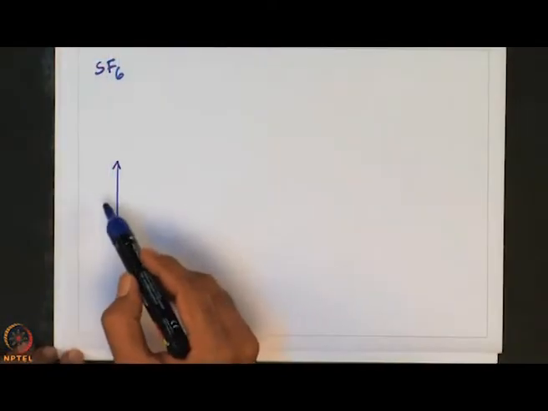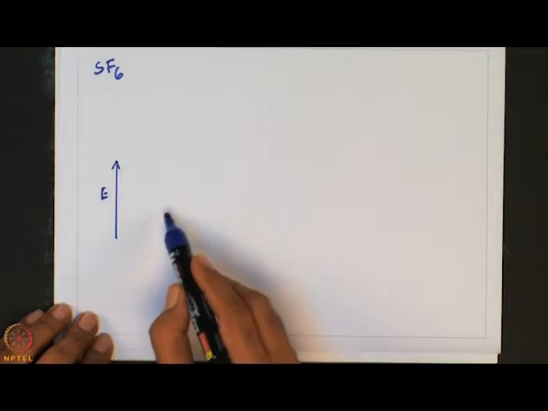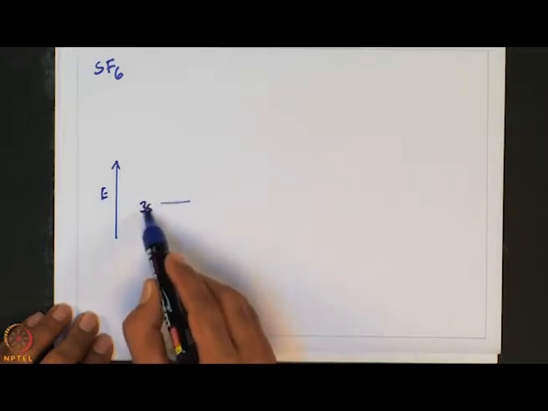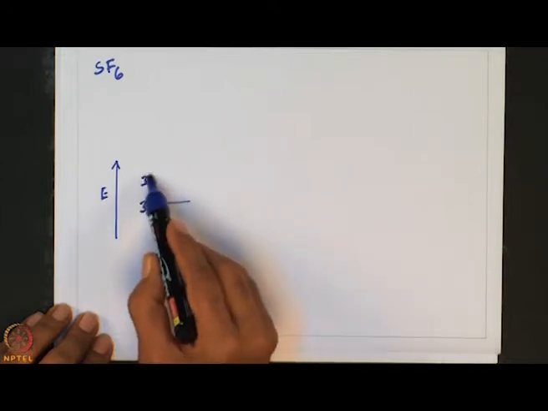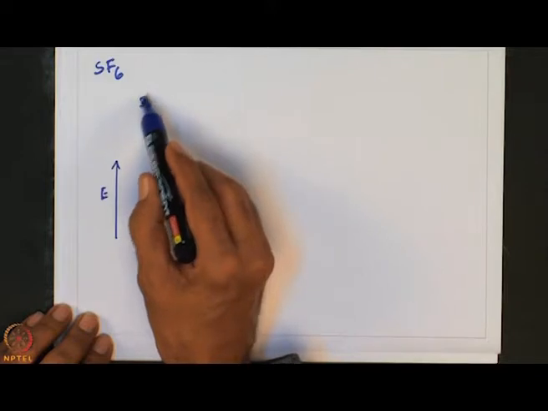So, it has an octahedral geometry. Now let us look into the explanation using molecular orbital theory, how these electrons are arranged here. 3s, 3p and 3d.